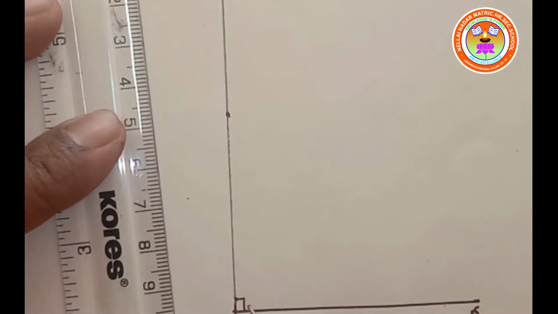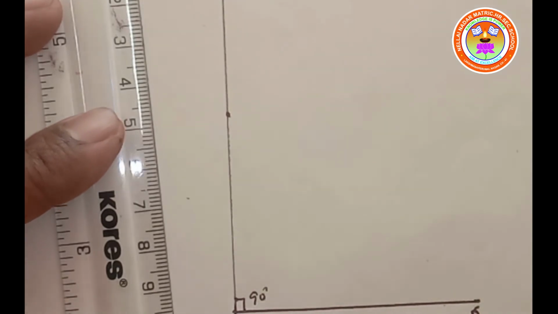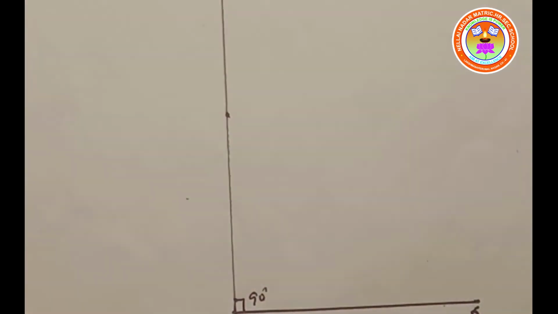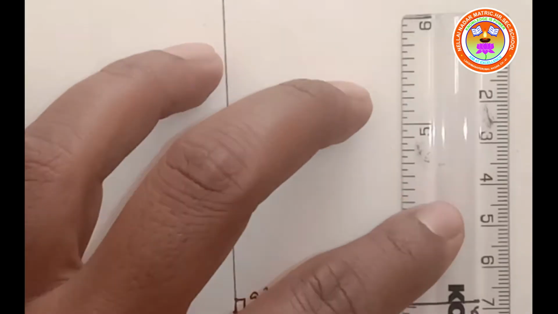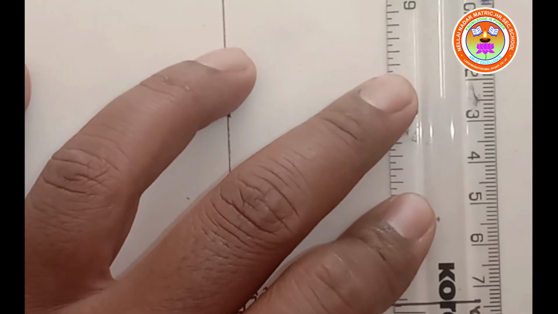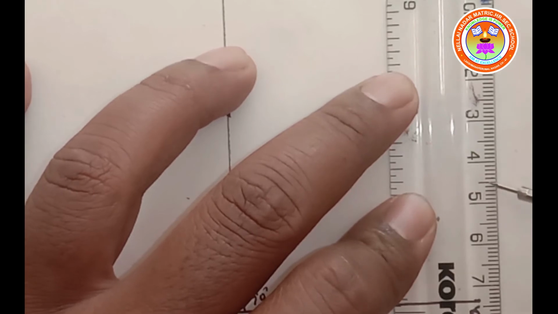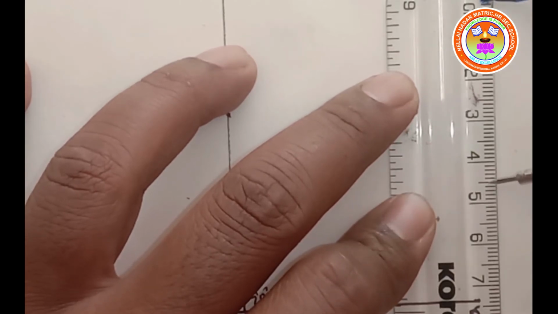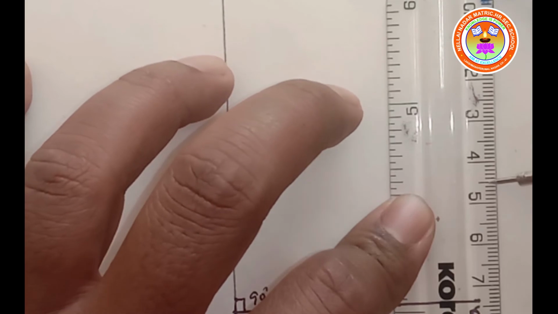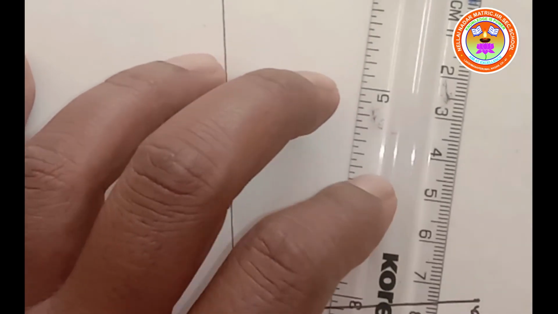This is 90 degree. Then the PR value is 4.5 centimeter. With the help of scale, measure 4.5 centimeter.